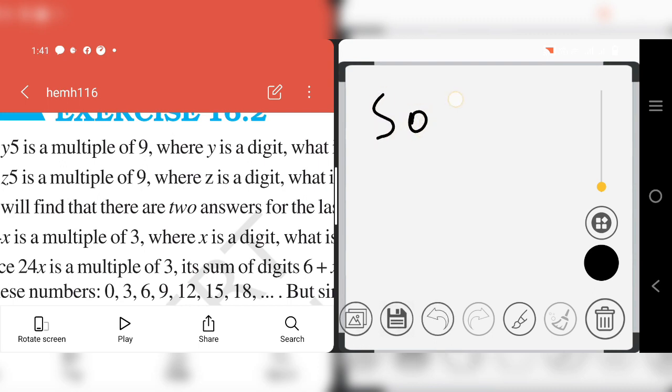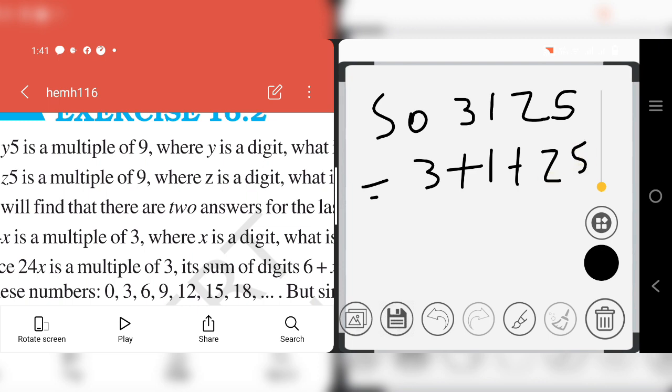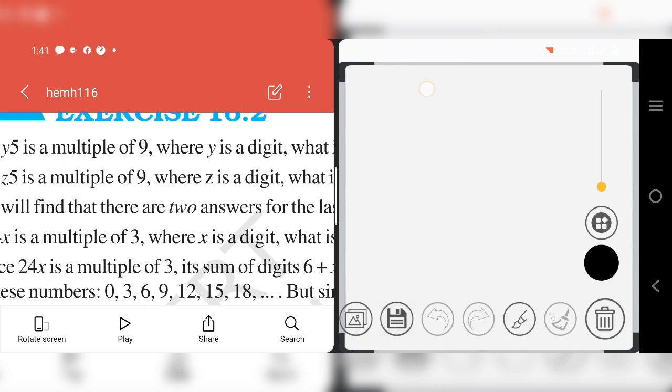So 31z5 is equal to 3 plus 1 plus z plus 5. We are getting 9 plus z. If we take the value of z as 0, 9 plus 0 is 9, where 9 is divisible by 9. So the value of z may be 0 also.